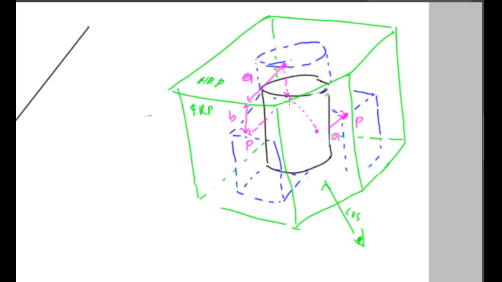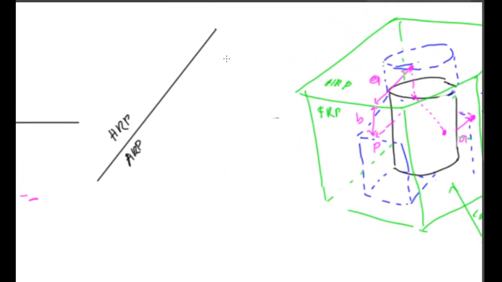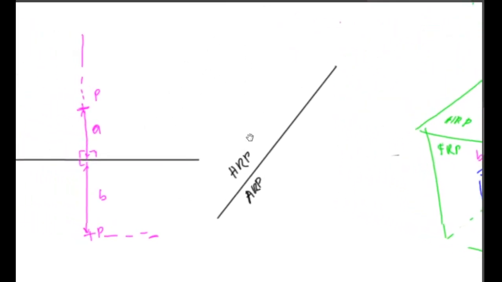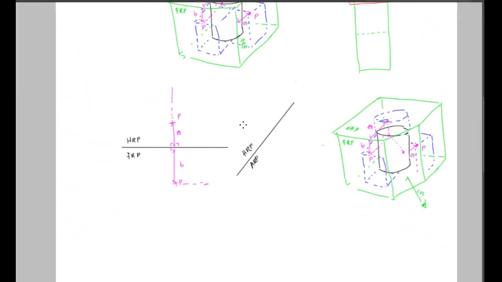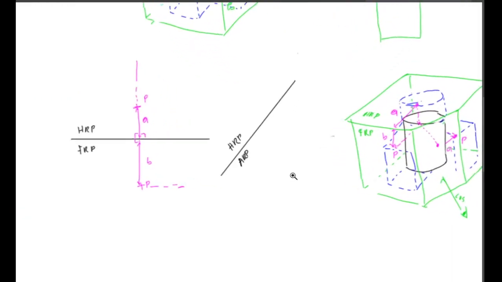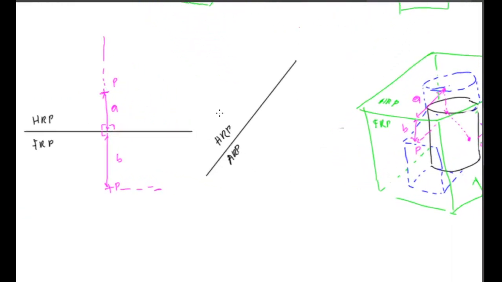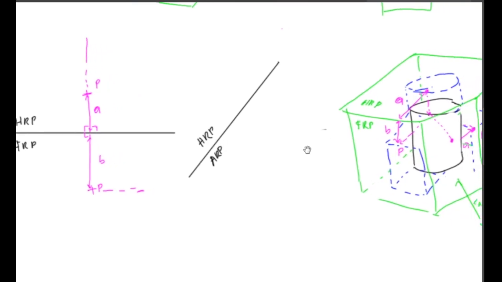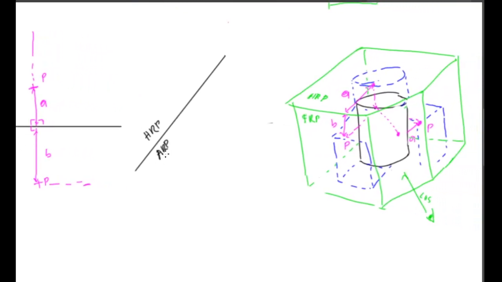Notice that this point P right here, and this is our folding line now, because we are creating the folding line right here from HRP. From this view we are projecting to the next view, our adjacent view. So from HRP, we look at it from an auxiliary reference plane at this particular angle.